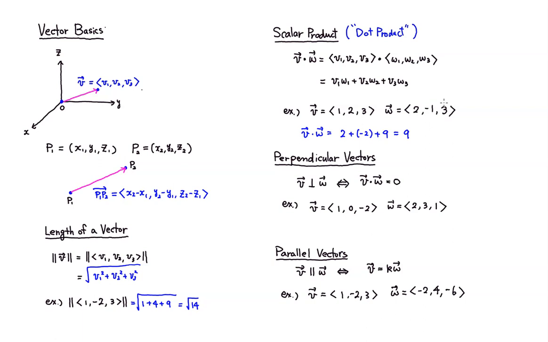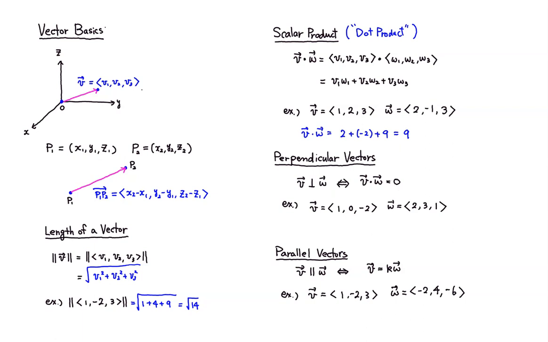We can use the scalar product to detect perpendicular vectors. If a vector v and a vector w are perpendicular to each other, an easy way to check is to compute the dot product between them. If you get 0, then they are perpendicular.